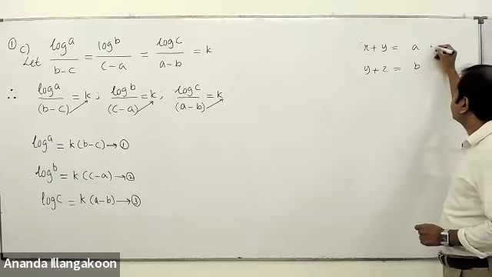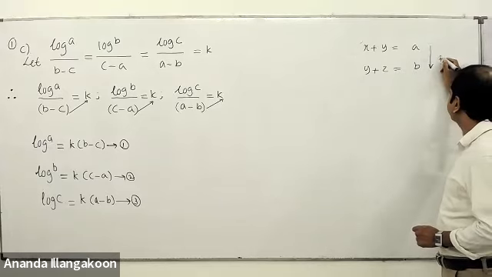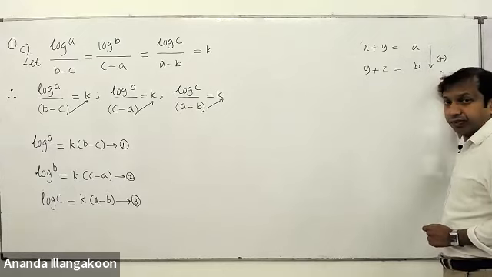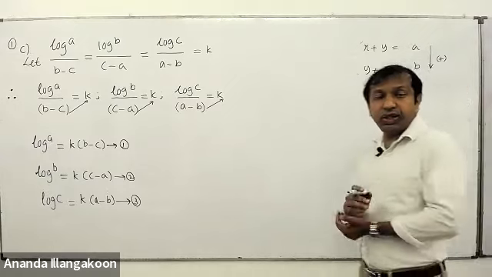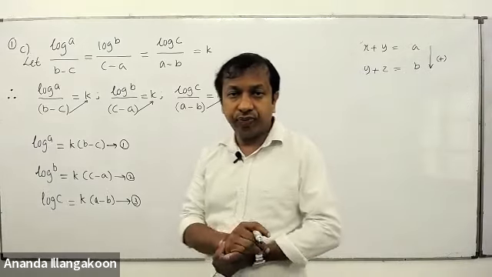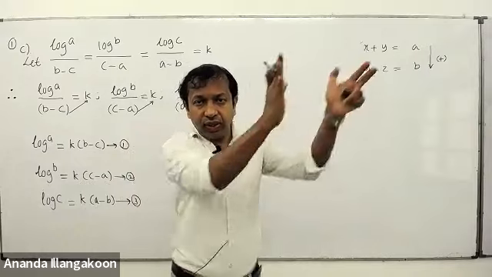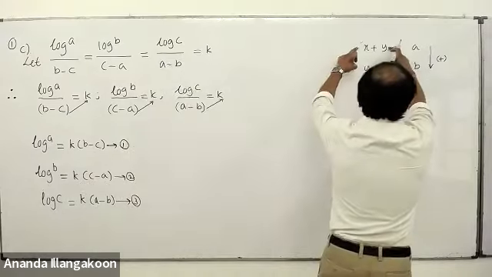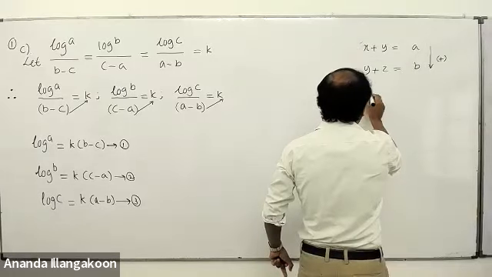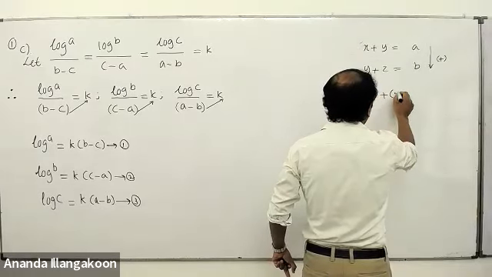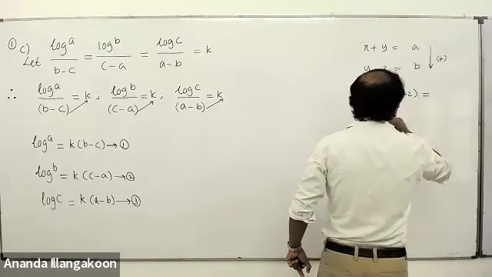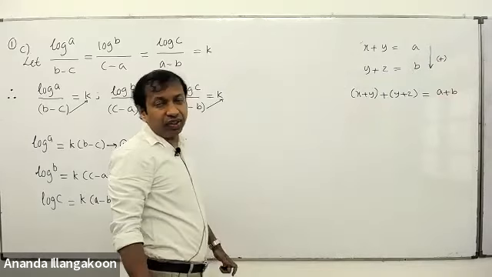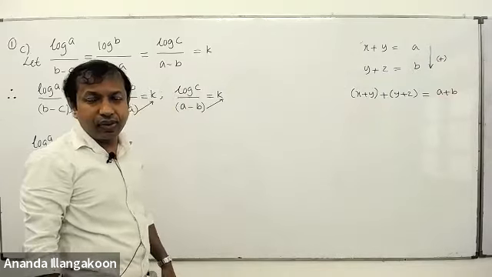Even these two equations we can add, that we denote by these two. When you add two equations, the left hand side we add separately, right hand side we add separately. Then x plus y plus y plus z is equal to, adding right hand side, a plus b. That way, two equations we can add.